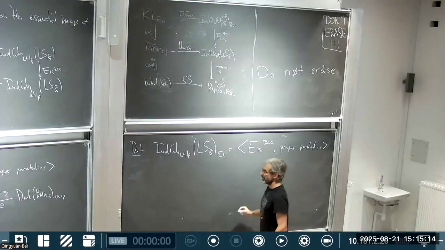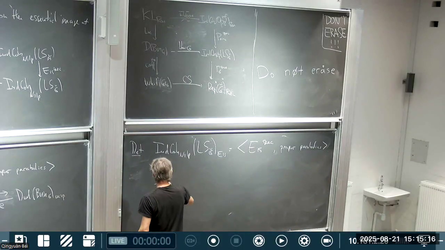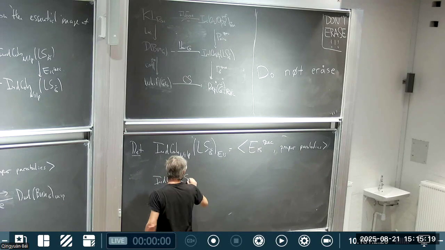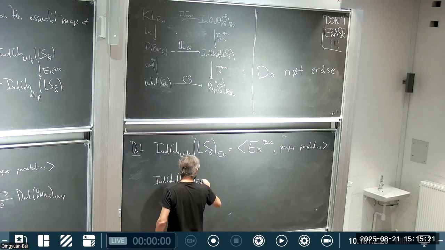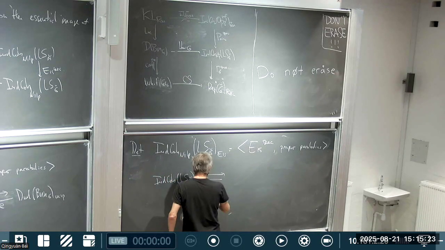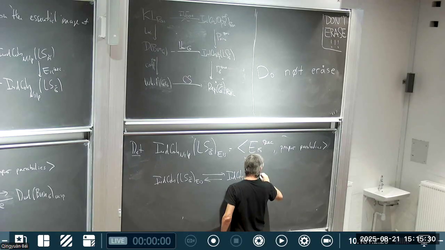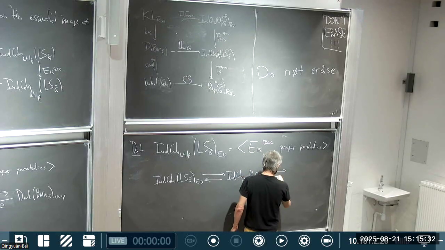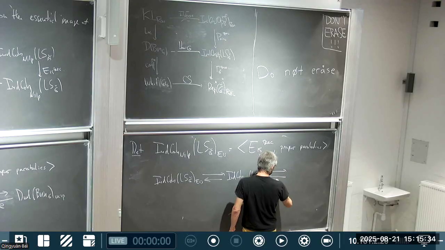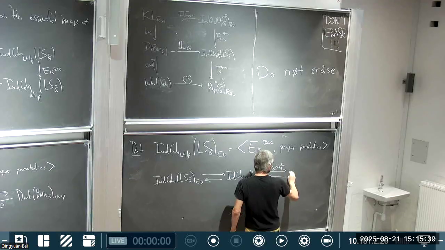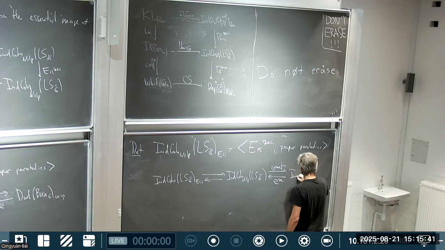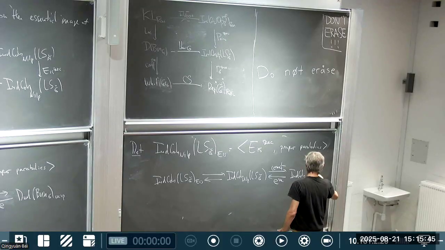And so you have the same pattern: IndCoh of Loc_Sys G check Eis embedding, with the right adjoint for IndCoh Nilp of Loc_Sys G check, and here we call it E spec, and E spec L, with IndCoh Nilp of Loc_Sys G check cusp.